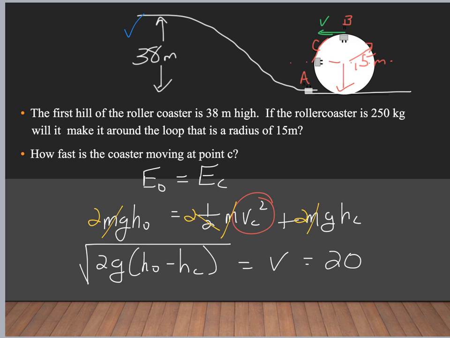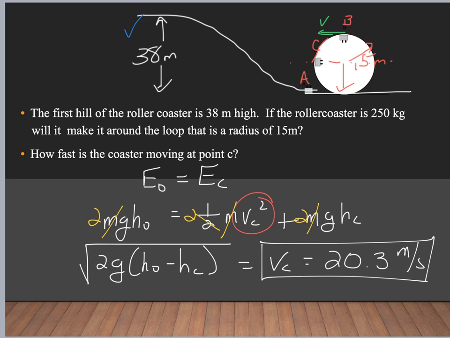And we get 20.3 meters per second. So it's larger than what it was at point B, so we're on the right track. It gives you something to be like, oh, okay, I probably did it right. The speed makes sense.